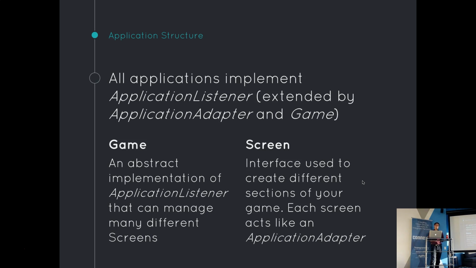It allows you to create the game, and then in that game you can have many different screens. A screen can be considered like a main menu, game screen, or inventory. Anything that can be put in its own little sub compartment that can be run as a separate game. From these, you can call other screens and do a bunch of transitions and have a flow in your game.